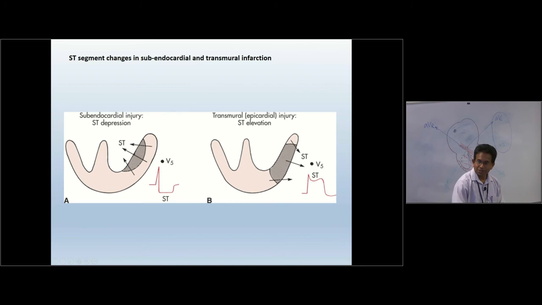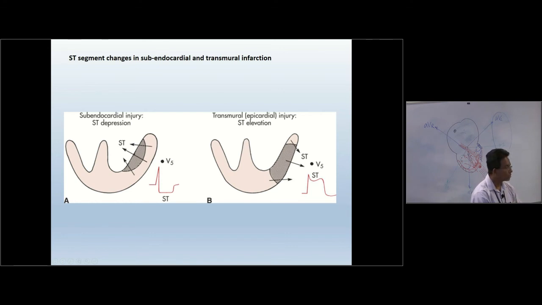So in clinical applications, this is how we are going to apply this. When you look at the ECG, if you notice the patient has ST depressions in various areas, then you can straight away say this patient has subendocardial ischemia because the patient shows ST depressions. Then you will say in which leads the patient shows ST depressions.